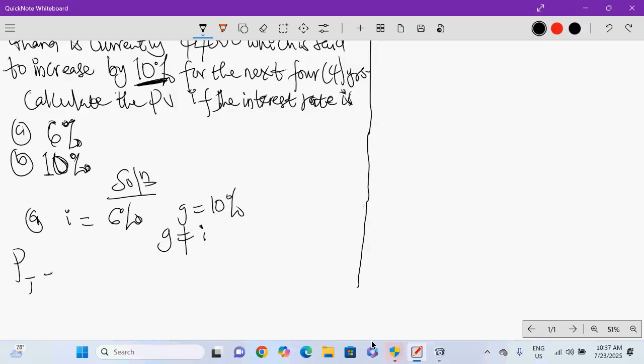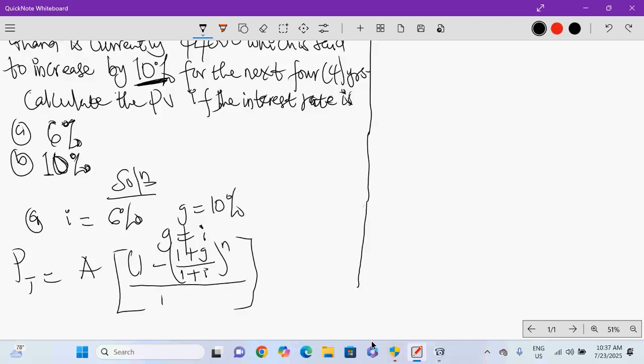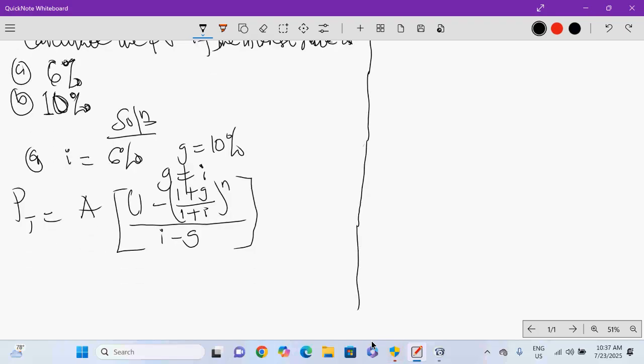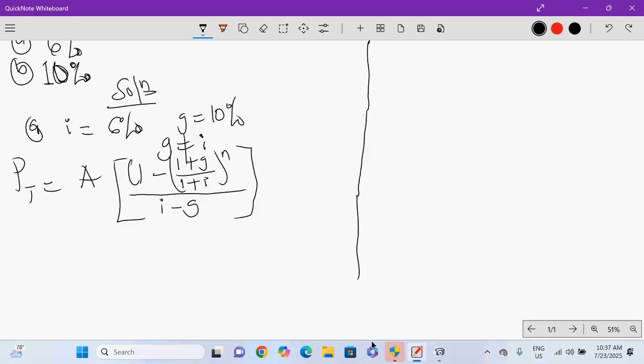We are going to use PT is equal to A into bracket 1 minus, bracket 1 plus g all over 1 plus i, exponent n, all over i minus g. So here our A is 4,000.